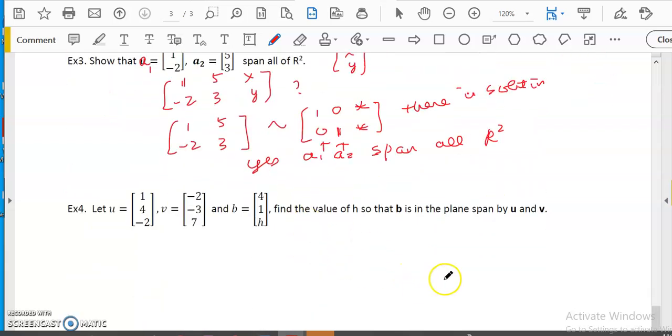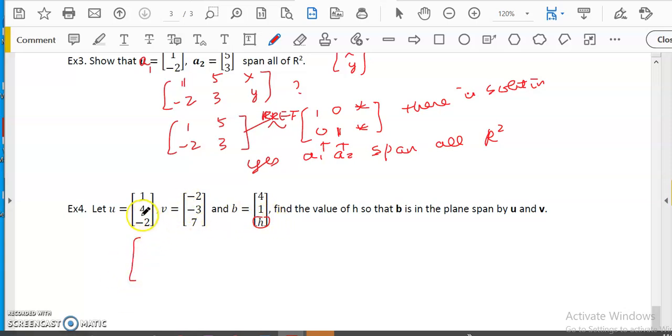Okay. The last one, this one I cannot do using reduced row echelon form. So I have two vectors and a B. I want to find h so that B is spanned by U, V. So I want B to be spanned by them.